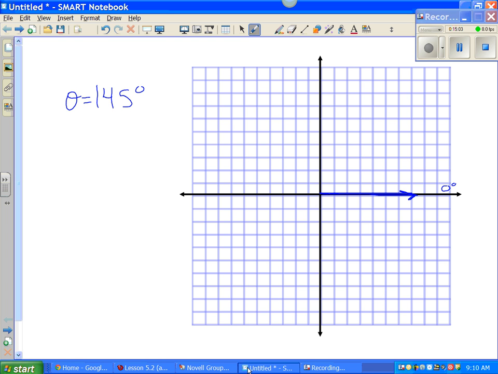Going up to the y-axis, how much have I rotated? 90 degrees. Back down to the x, 180 degrees. Good. Negative y, 270, and then back up, 360.